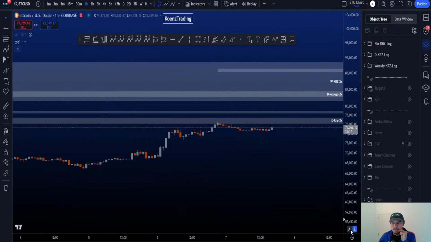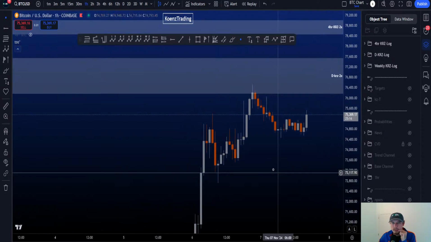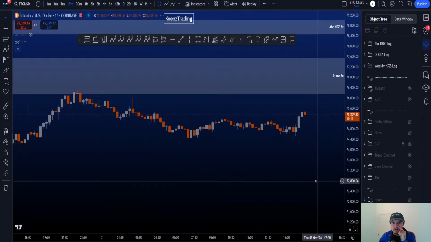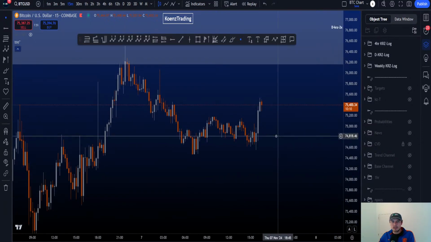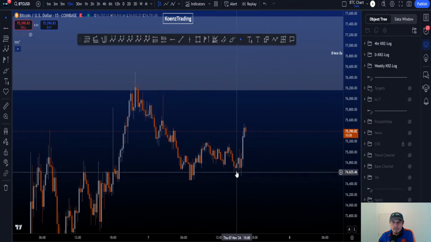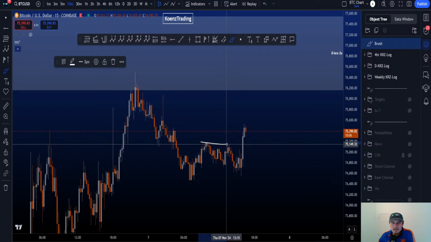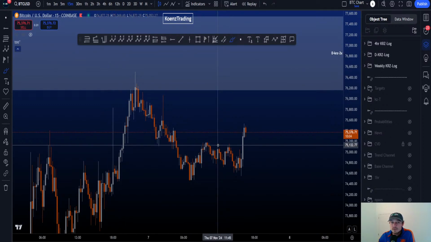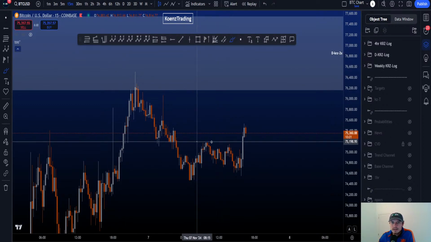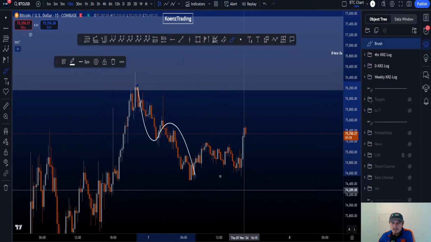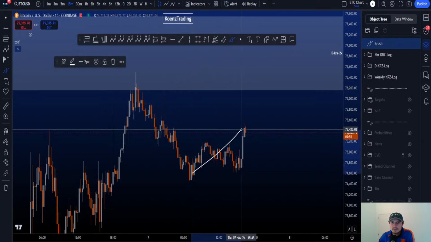Now, take log off again. On the lower time frame here, we moved to the upside. Price now took out this high. If you've seen the analysis earlier, Elliott wave analysis, taking out this high now increases probabilities that this is a 3-wave structure, because this is a very long correction.